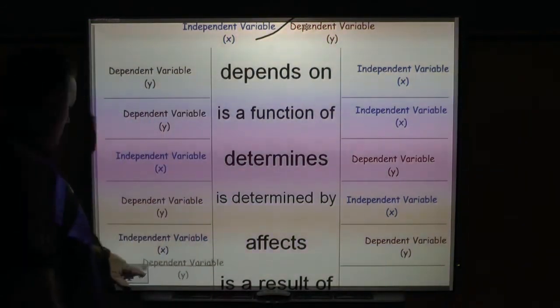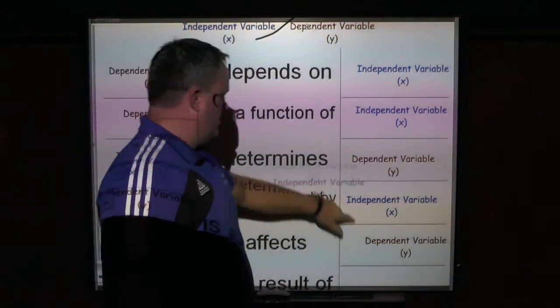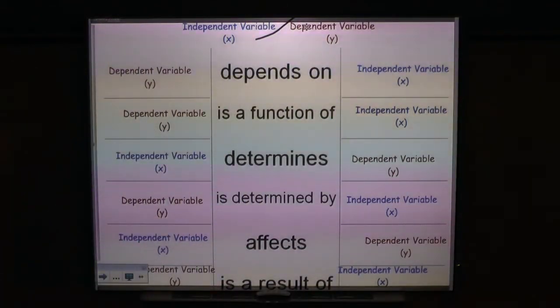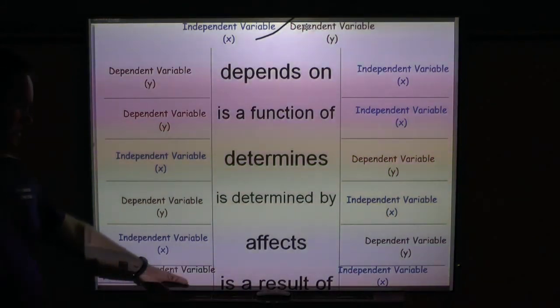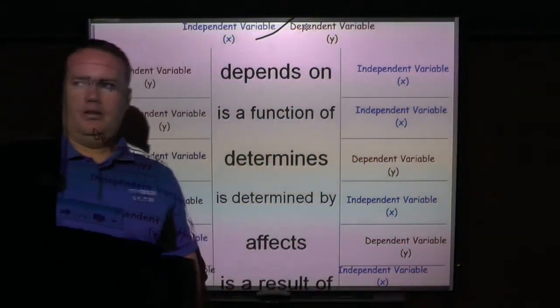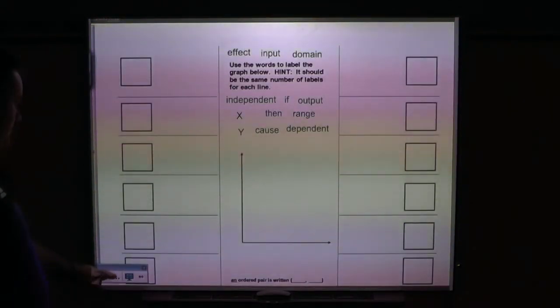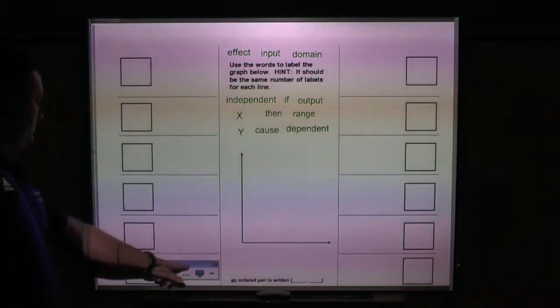So, the dependent variable is a result of the independent variable. Okay? So basically what it says is, the answer is a result of whatever the beginning was, the independent variable. Alright?